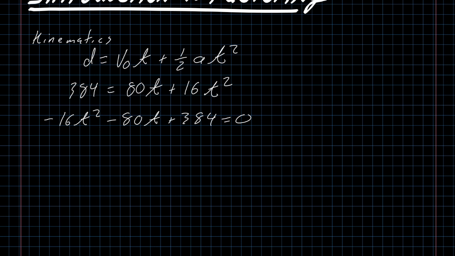The next thing I'm going to do is divide through by 16. Divide through by negative 16. Negative 16 divided by negative 16 is 1, so that first term is just t squared. Negative 80 divided by negative 16 is positive 5. And positive 384 divided by negative 16 is negative 24.